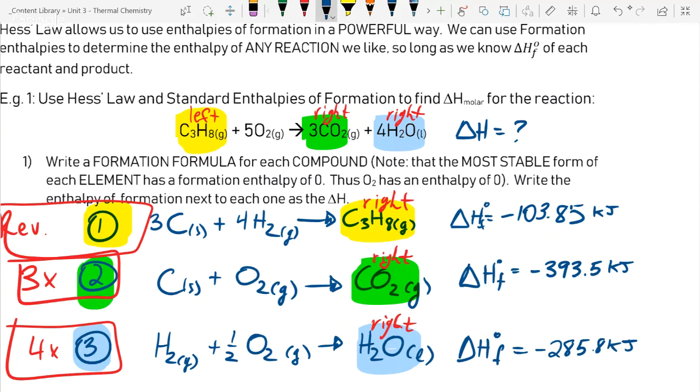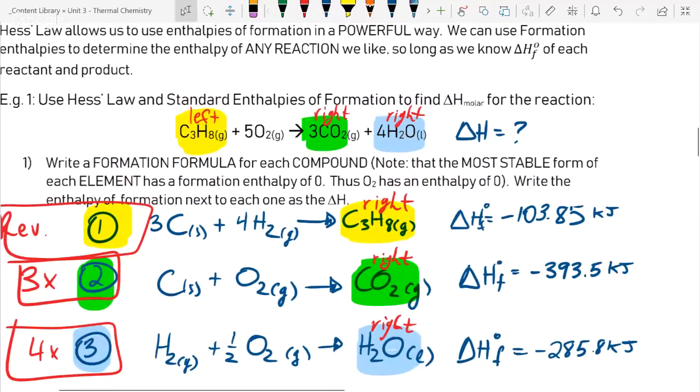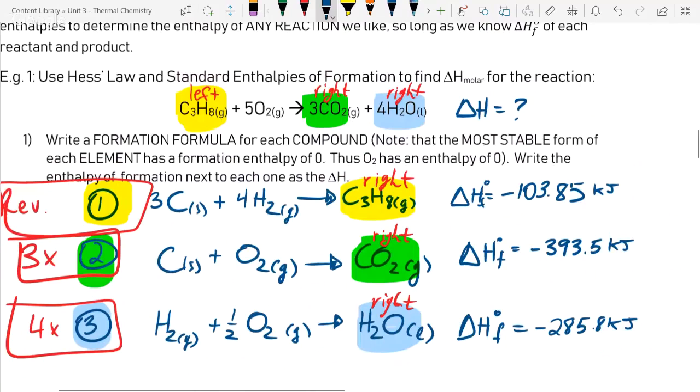Good. And then these were on the right. Did we switch their signs? No. But how many carbon dioxides did I have? What did I end up doing to this? How many waters do I have? What did I end up doing to this delta H not F? What do you think we do to find the delta H of any reaction using its formation enthalpies?